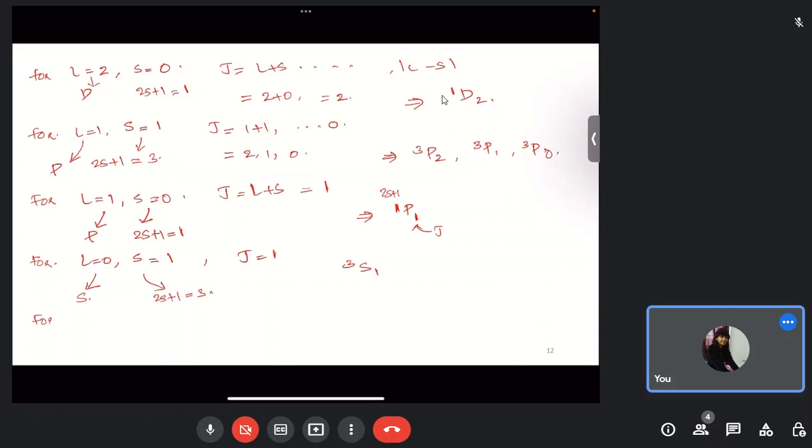And for L is equal to 0 and S is equal to 0, J can only adopt one value, and L is equal to 0 corresponds to S term, and S is equal to 0 will correspond to a spin multiplicity of 1. So this is going to be 1S0.